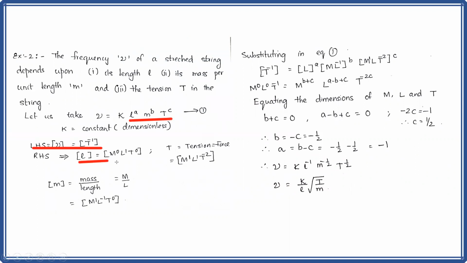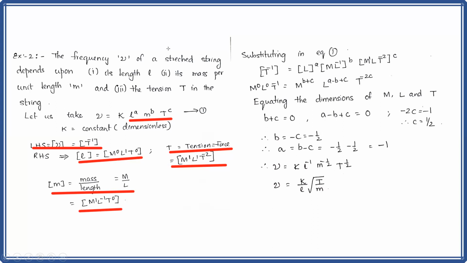Length, you all know, is M0 L1 T0. Then T, that is the tension. Tension is nothing but force, so the dimensional formula for force is M1 L1 T minus 2. You all know that, we have already learnt it. Then the third one is mass per unit length, so you have to divide mass by length, that is M by L, which is M1 L minus 1 T0.